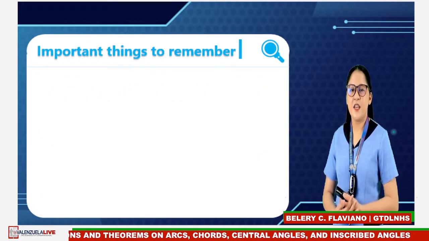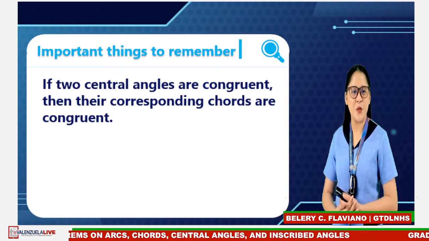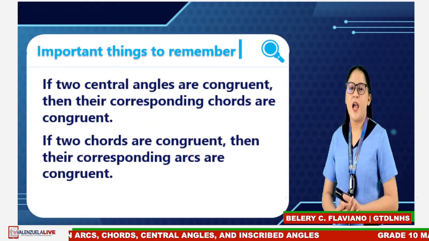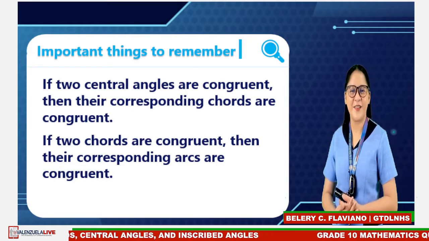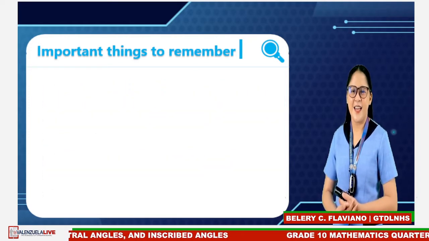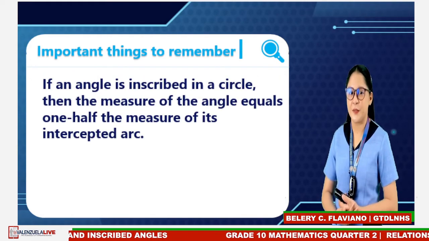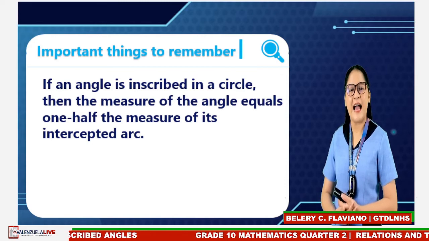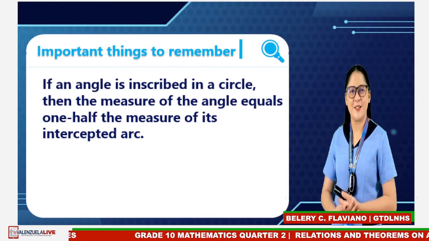Next, if two central angles are congruent, then their corresponding chords are congruent. If two chords are congruent, then their corresponding arcs are congruent. And of course, if an angle is inscribed in a circle, then the measure of the angle equals 1/2 the measure of its intercepted arc.